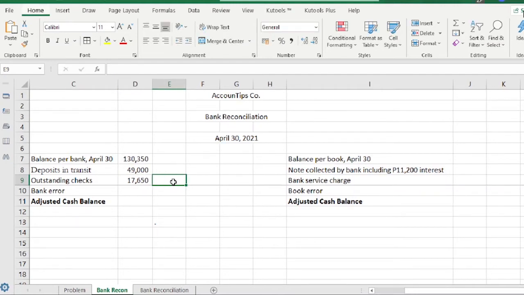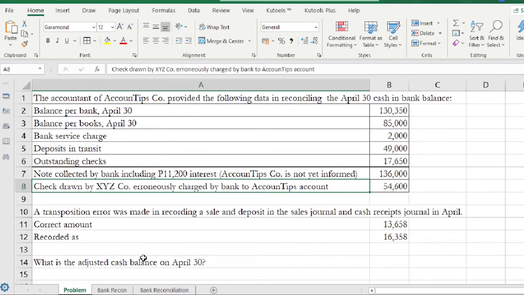The last bank adjustment for this problem is the error that was made by the bank in recording a check drawn pertaining to another company, which amounts to 54,600, since erroneously charging this check to Account Tips company understates the cash per bank balance.